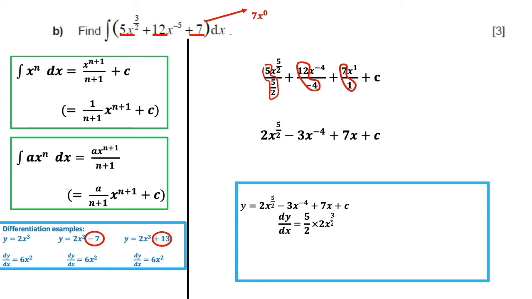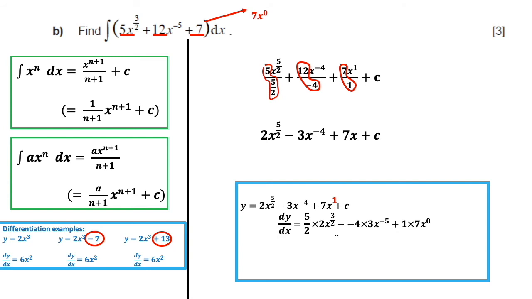The second term, the minus 4 comes to the front, so minus 4 times the 3, and we decrease the power by 1, so the power becomes minus 5. And then the third term, the 1 comes to the front, so 1 times 7, and we decrease the power by 1, and it becomes 0. And of course, the differentiation of any constant is 0, so I don't need to put anything after that.